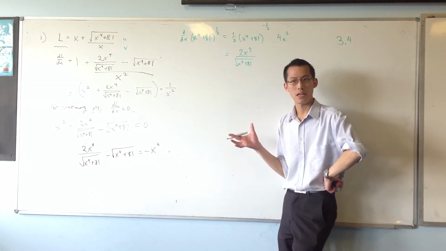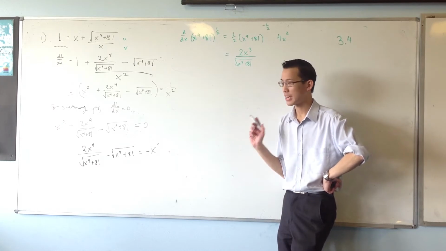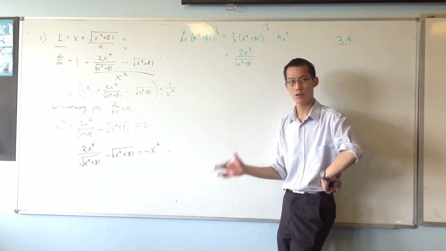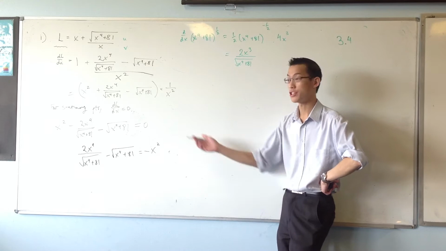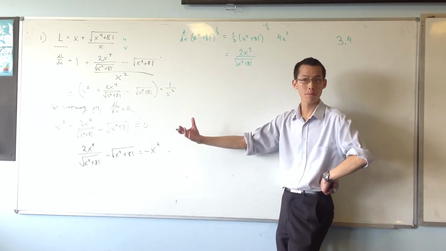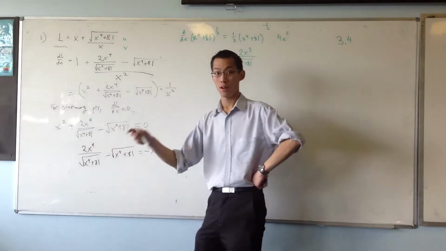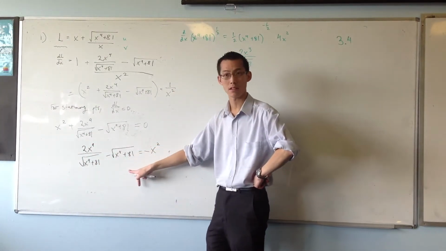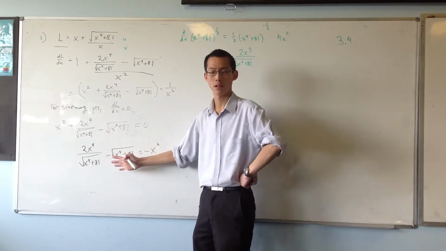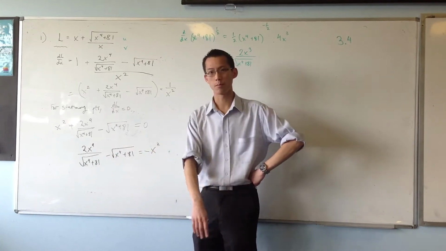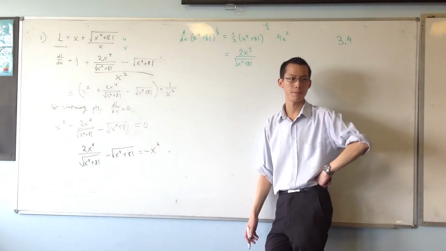Now, what could I do here, right? To get rid of the fraction, one thing I could do is multiply through by the denominator, okay? And that would make some things better, right? For one, it would get rid of this fraction. For two, it would get rid of this being the square root, okay? So that's good, but there's a problem, right? What's the problem with multiplying through by the square root?